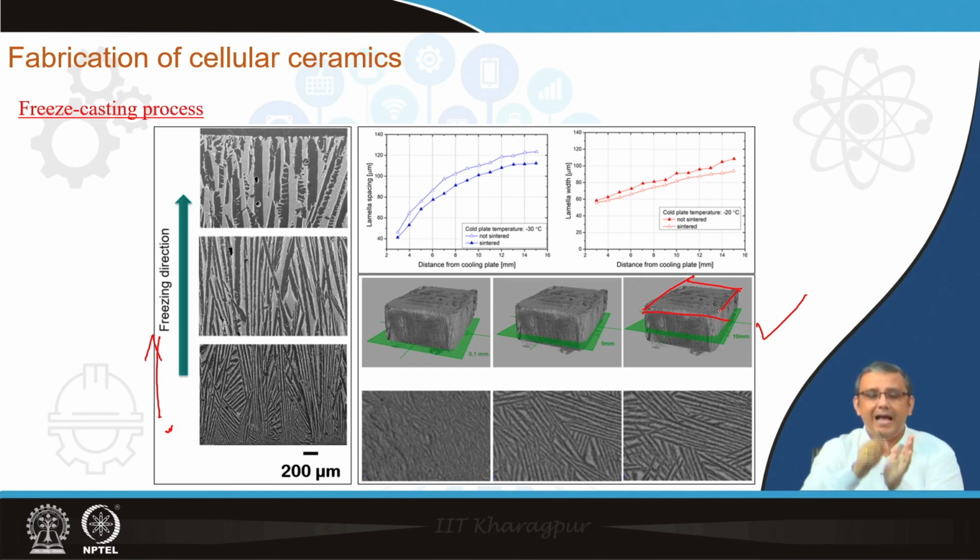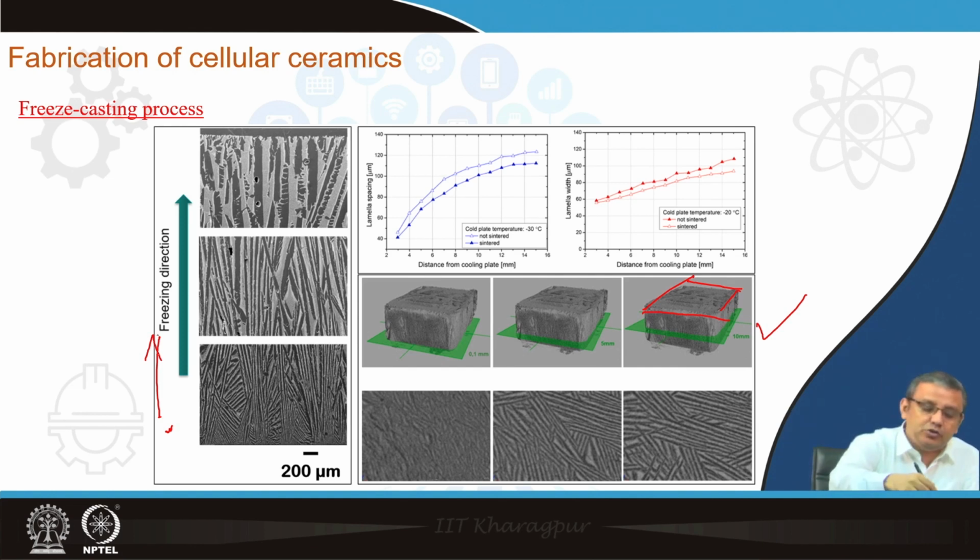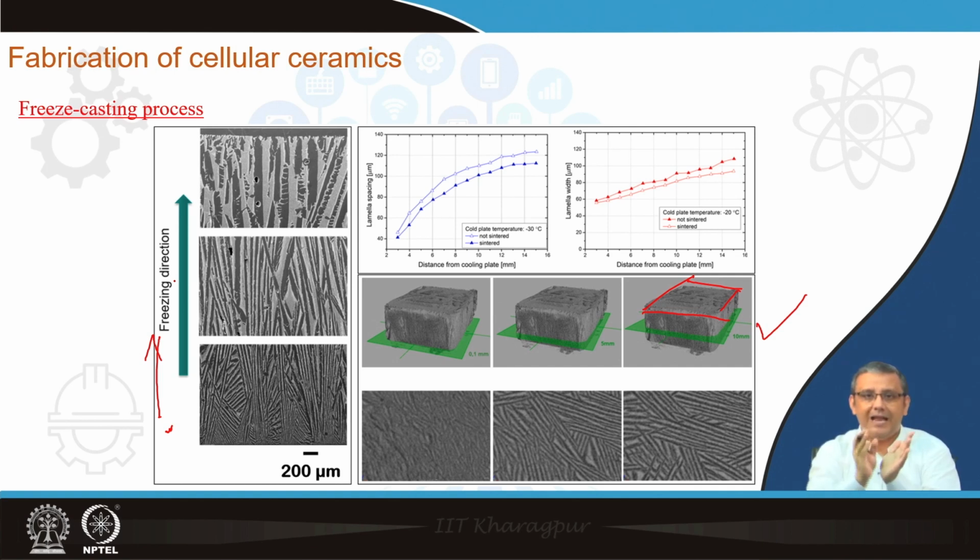We typically have one growth direction of the ice crystals along the vertical direction shown over here, and that gives a lamellar structure, and also along the growth direction we have a UD morphology, and that renders the bodies a very large amount of anisotropy. That means these porous bodies after freeze casting are not isotropic materials, they are very much anisotropic materials.